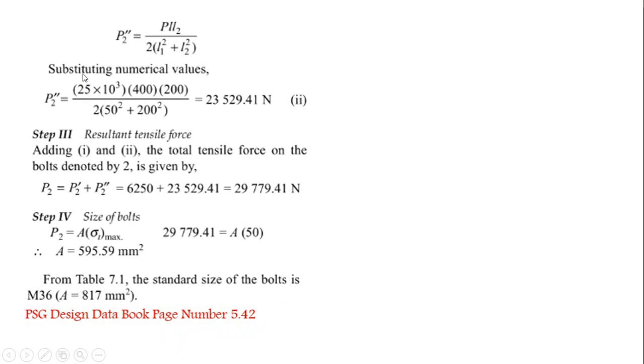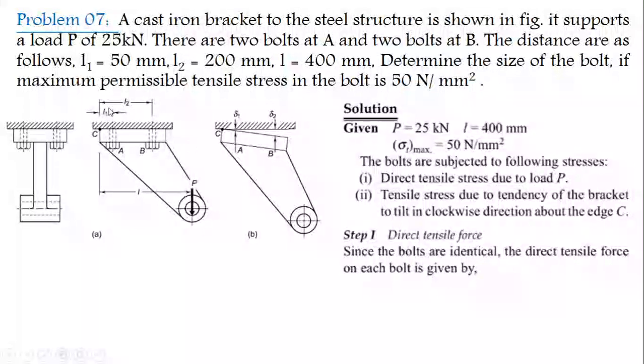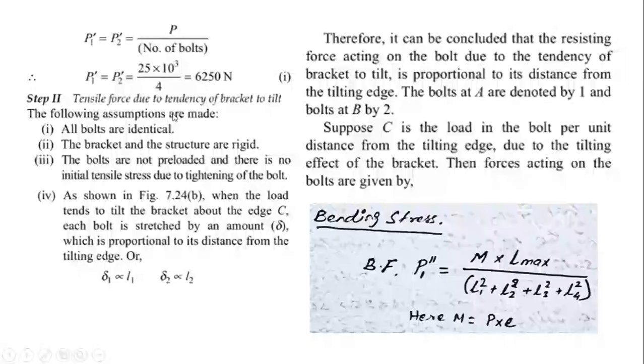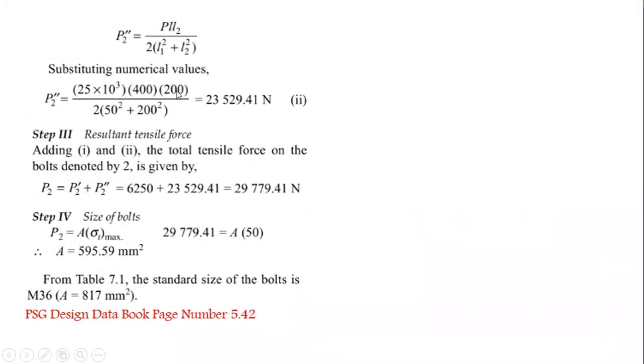Substituting the numerical values, we know the load of this arrangement is 25 kilonewton, L is 400 millimeter, and L2 is the maximum distance, 200 millimeter, divided by 2 into L1 squared, 50 squared plus 200 squared.